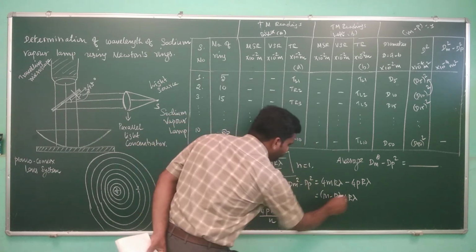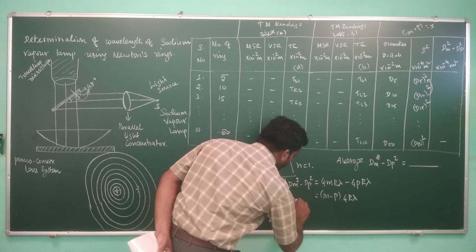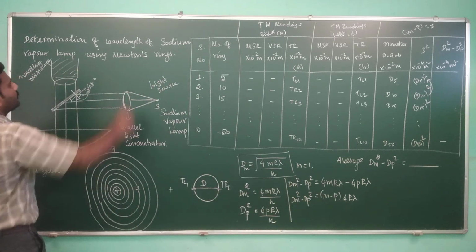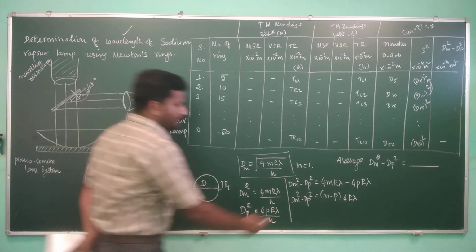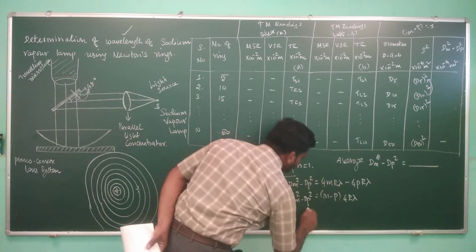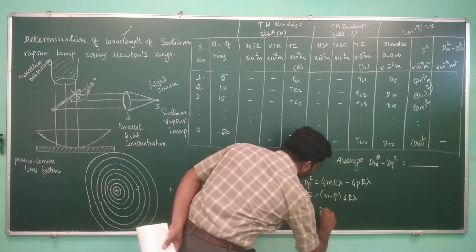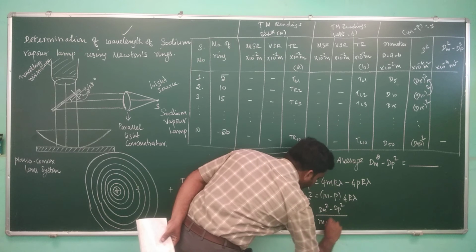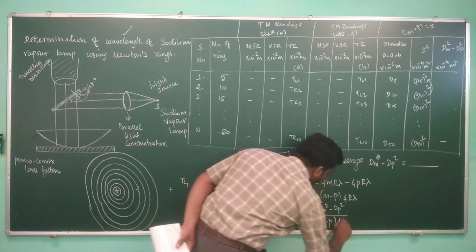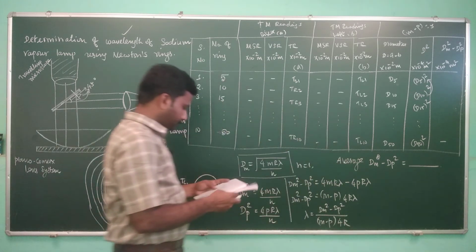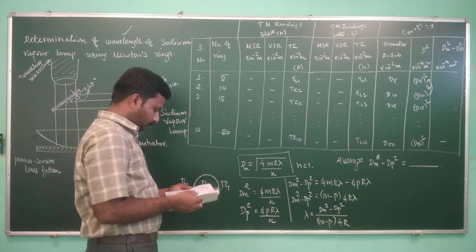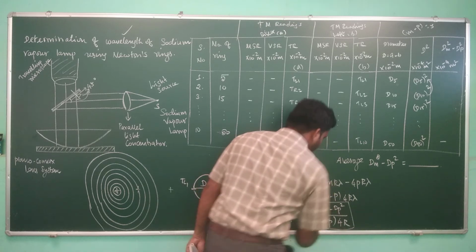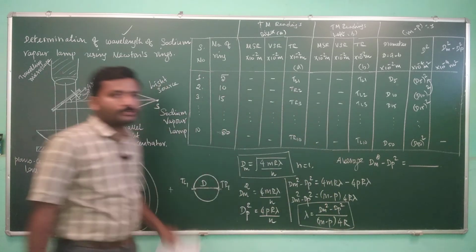And what we need to calculate is the wavelength. So we have to rewrite this equation for lambda, so that lambda is equal to Dm square minus Dp square divided by (m minus p) times 4R.